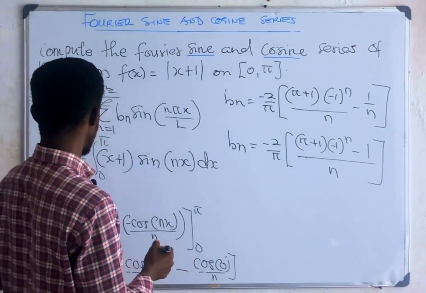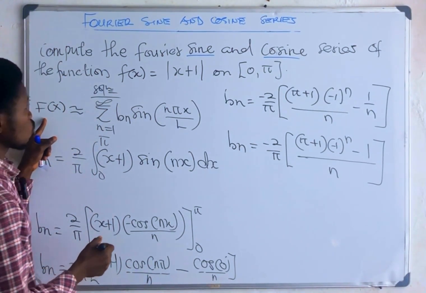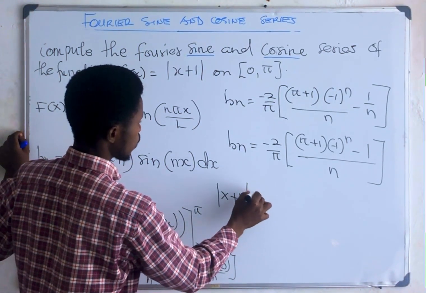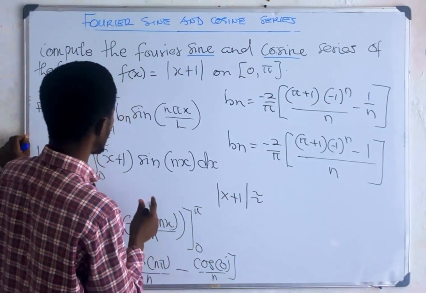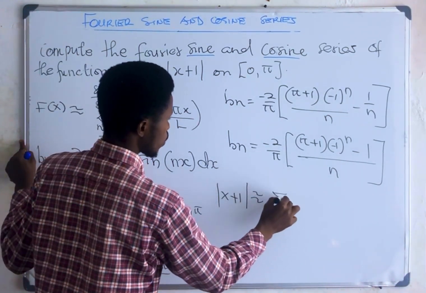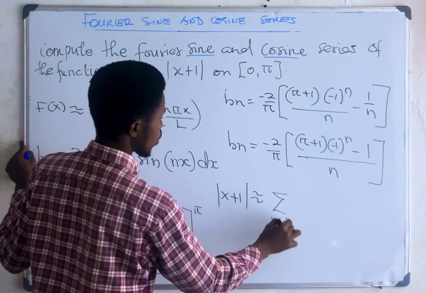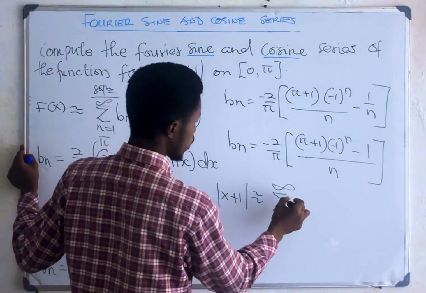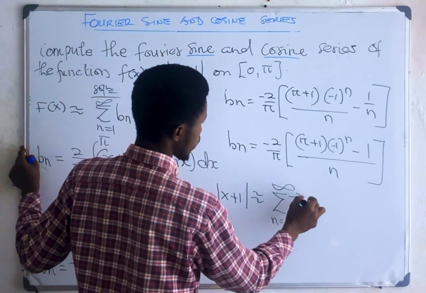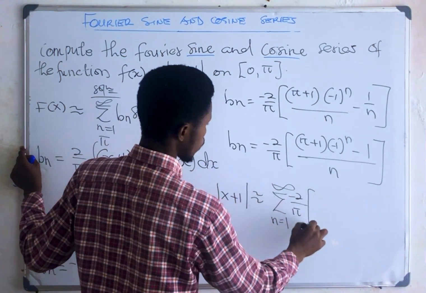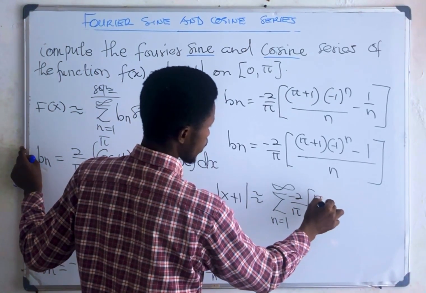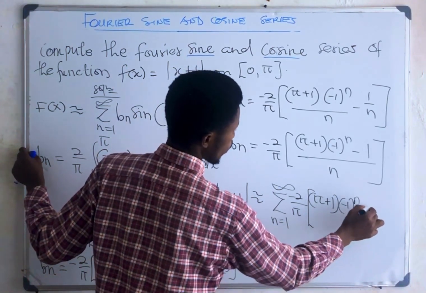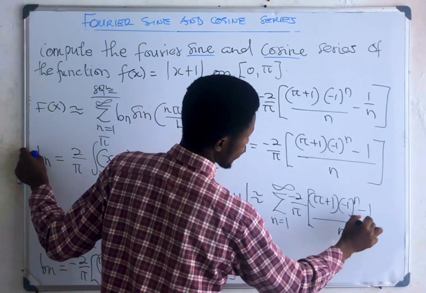So therefore you substitute. This is the formula. So x plus 1 will be approximately 2 the summation n equals 1 to infinity. Now our bn is the whole of this, which is negative 2 over pi, pi plus 1, negative 1 to the power n minus 1, all divided by n.